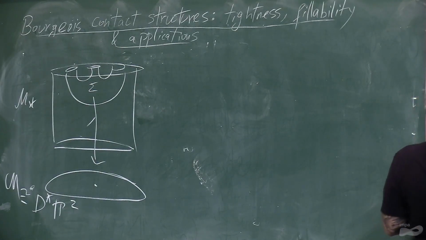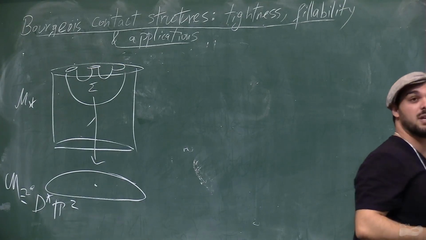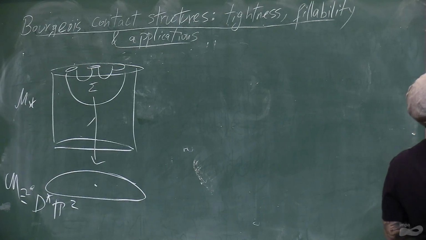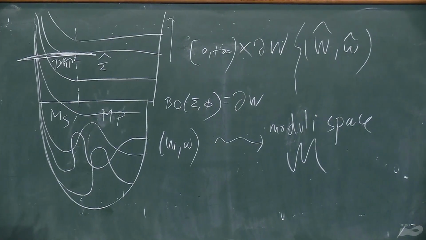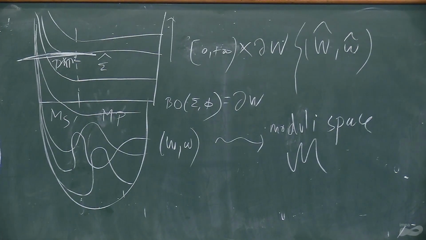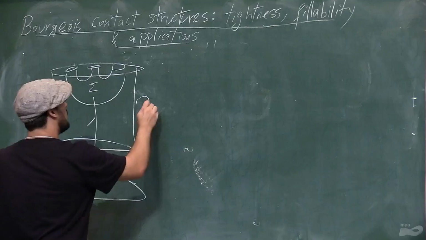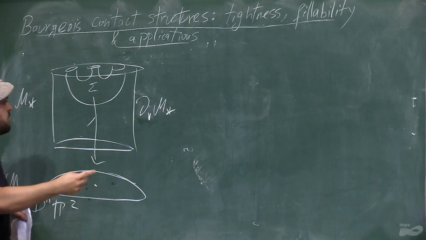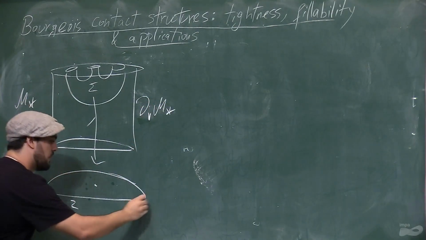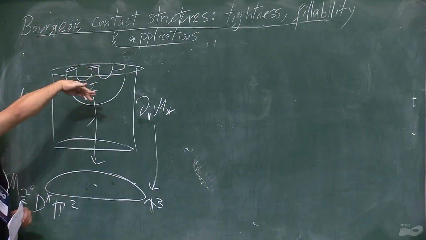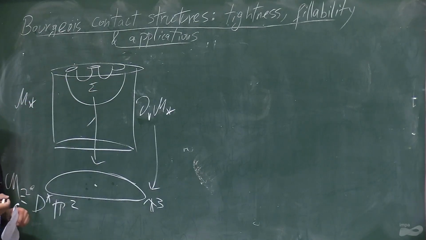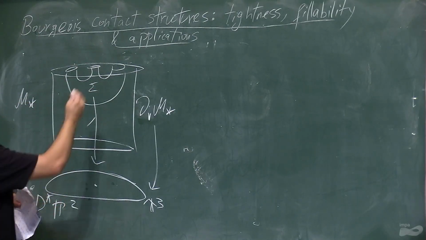I take a base of the spine, which is a copy of D star T2, and the claim is that every curve intersects that D star T2 precisely once. So this gives an identification of M with this guy here. And here we've got the vertical boundary, which is the paper piece, fibering over the boundary, which is a T3. And here we've got the upper lid, which is precisely the other piece, the spine.